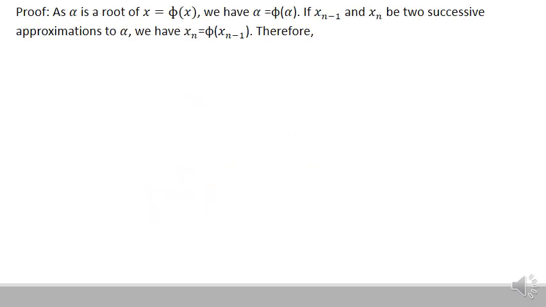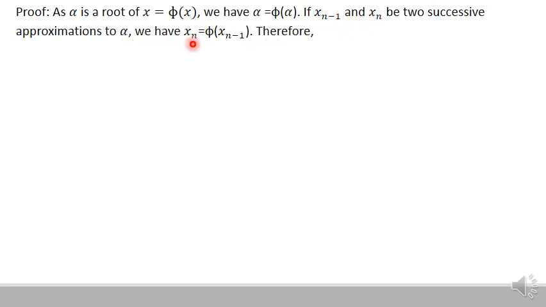Let us see the proof of this theorem. Suppose that alpha is the root of the equation x is equal to phi of x. Then it satisfies this equation, that is alpha is equal to phi of alpha. Suppose that xn minus 1 and xn are two successive approximations to alpha.